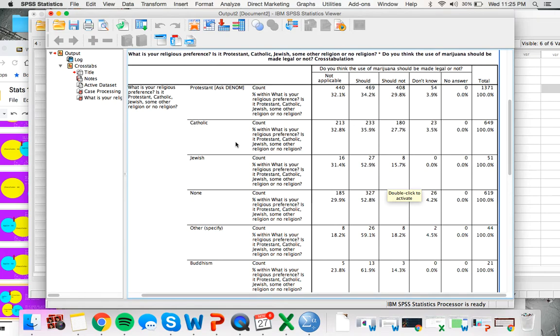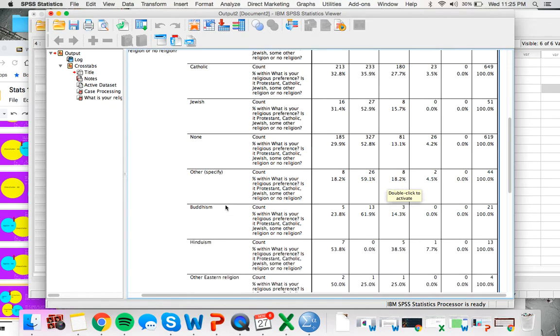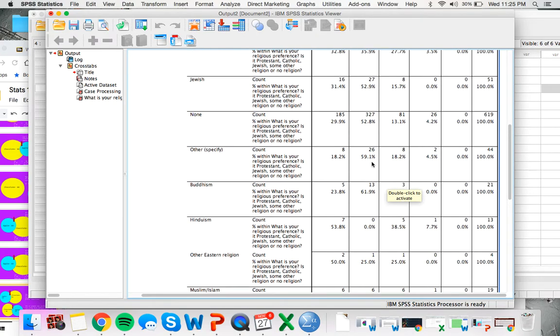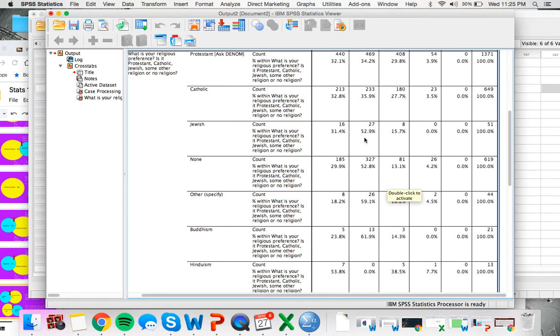Of people who were Catholic, 35.9% said that we should legalize marijuana, right? So you can look at all of these. You can look at Christians, right? They have a lower rate, 27%. People who are Jewish have a higher rate of saying that we should legalize it, 52.9%.